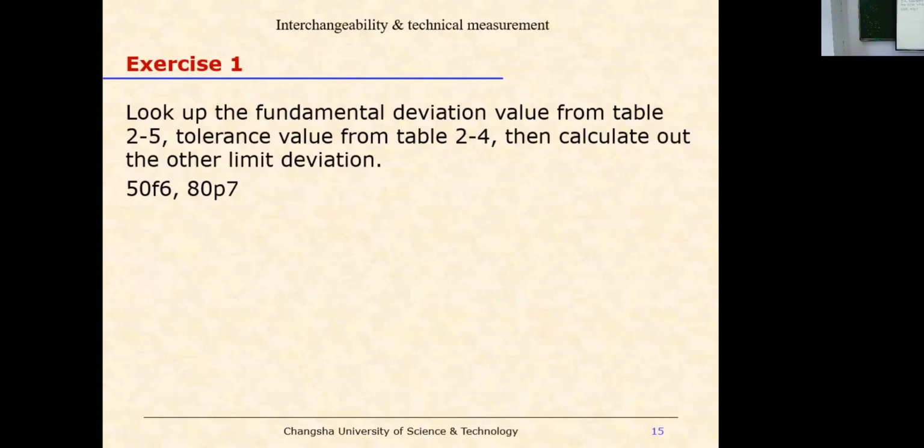The basic size is 58, 9. 58 from here. So this is the X. This is P, that's P from here. Here is the 2. So this is the fundamental deviation, it is the R. The deviation is 2. And there is IT7.